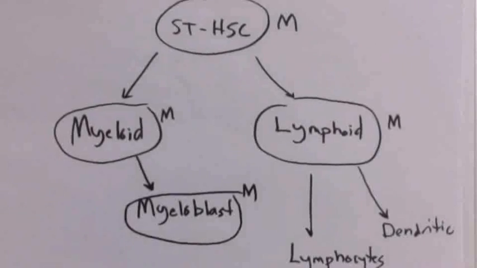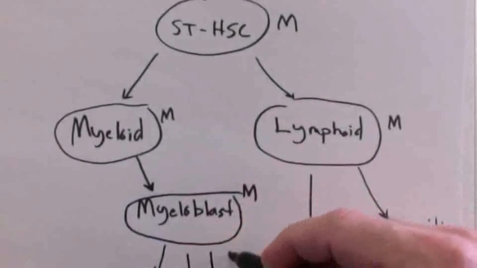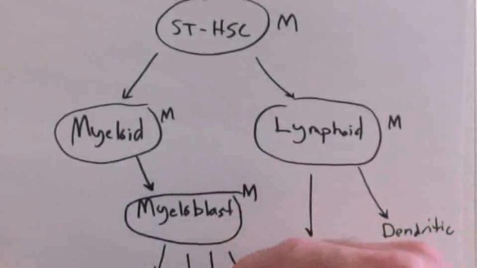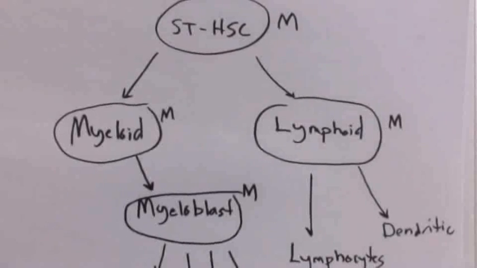And so this cell gives rise to a wide variety of different types of white blood cells. Essentially every type of white blood cell other than the lymphocytes. So we're going to talk about basophils, eosinophils, and things like that in lecture. They all come from this myeloblast. So this is multipotent because it's giving rise to multiple cell types.